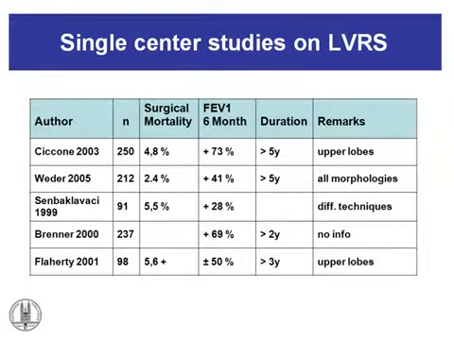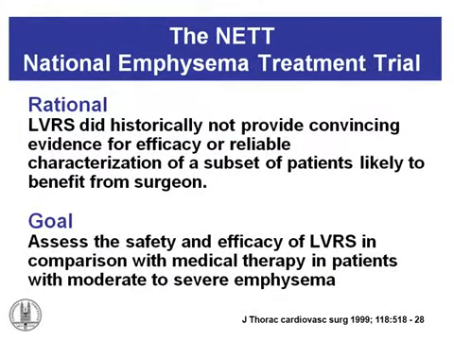Some of them don't really go into the morphology, but Brenner basically also, when you talk to him, used upper lobe emphysema. And we were more or less the only group who included all morphologies, at least in a larger number. We heard already about the NETT in detail, and the NETT assessed all types of severe emphysema.